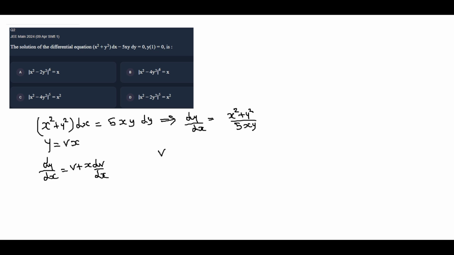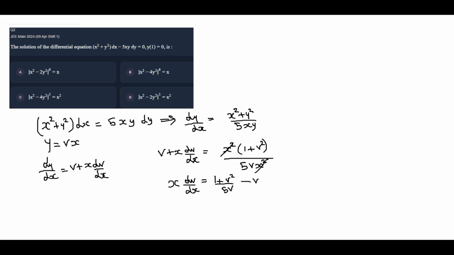So v plus x into dv by dx equal to x square, taking x square common, you get (1 plus v square) by 5vx square. X square cancels, so x into dv by dx equal to (1 plus v square) by 5v minus v.